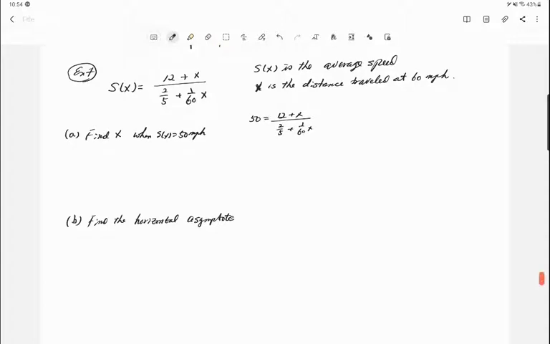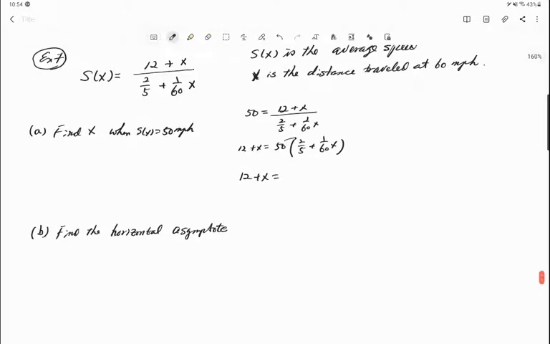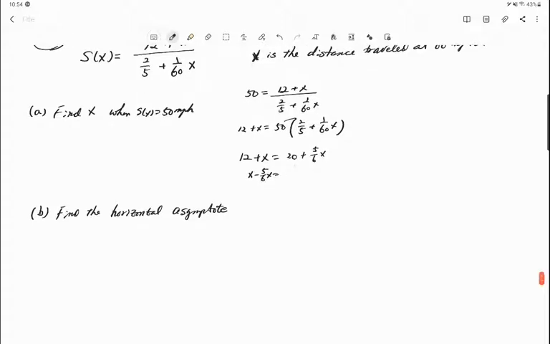Cross multiply: 12 plus x equals 50 times 2 over 5 plus 1 over 60 x. Distribute: 12 plus x equals 20 plus 5 over 6 x. Put the x's together: x minus 5 over 6 x equals, with the 12 moved to the right.